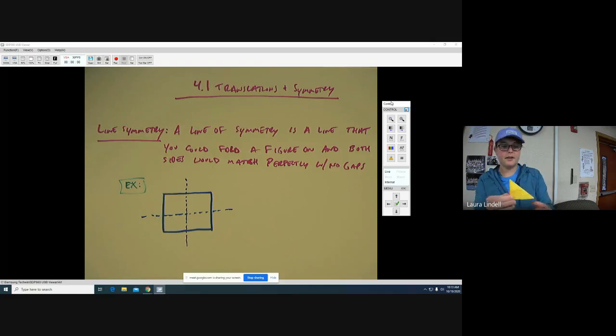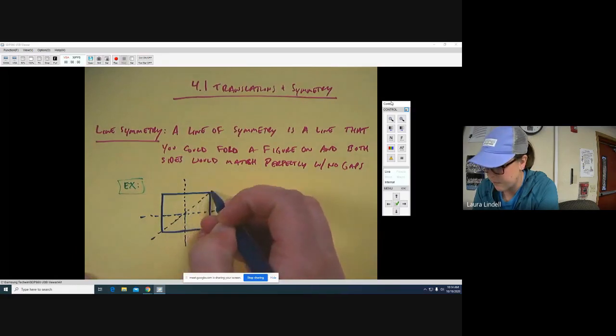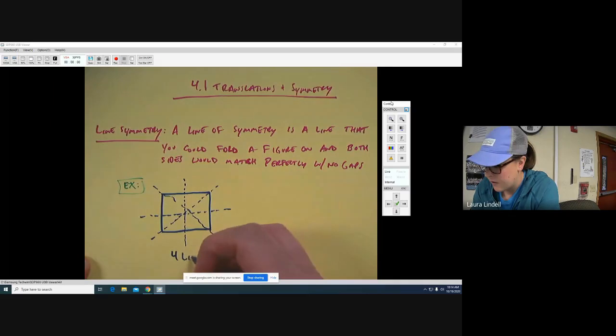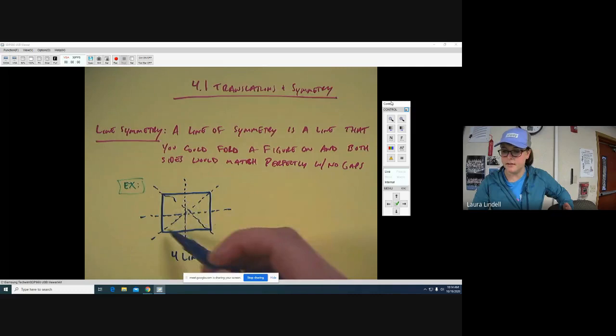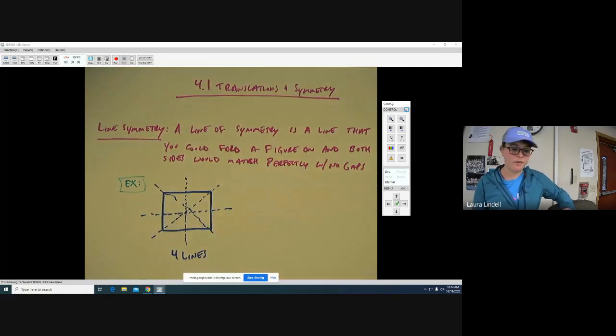And I can do it diagonally both ways, and it matches up exactly, right? So if I was asked how many lines of symmetry does this shape have, this one has 4 lines of symmetry because it's a square and it has all 4 sides the same. You can cut it in half 4 ways and it's exactly in half.